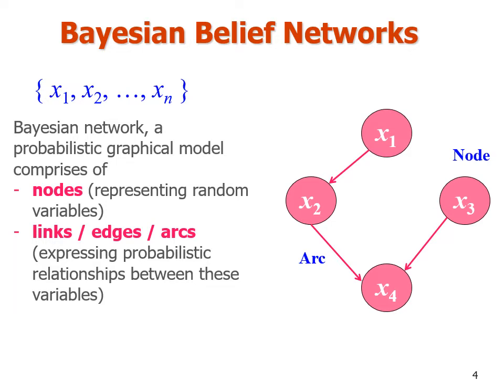There is no arc between x1 and x3, hence we may say that there is no relation between x1 and x3. Thus, the arcs represent conditional dependence relationships between the nodes, and nodes are nothing but the variables.